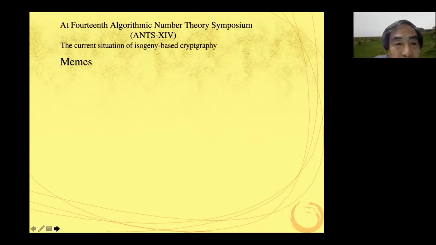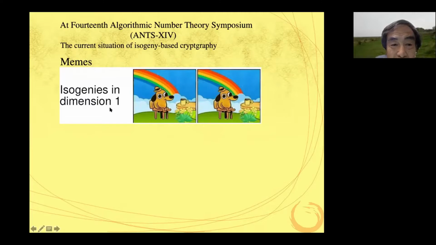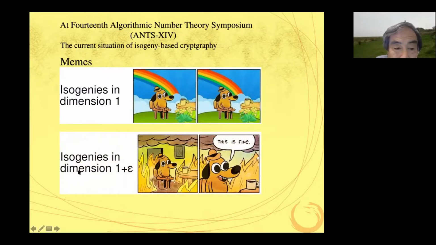First, isogenies in dimension one. So anyway, this is the case of elliptic curves. In this case, cryptographers have examined the situation very well. Many theories already exist, and the situation is very peaceful. But isogenies in dimension 1 plus epsilon means the genus 2 case or some other case where the genus is greater than 2.